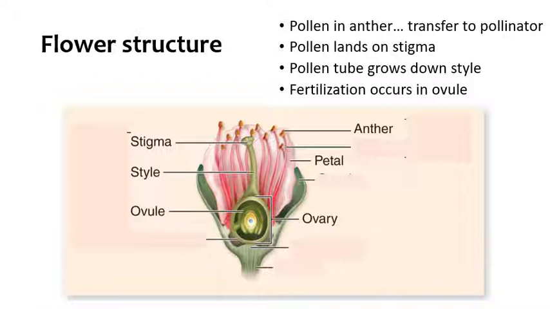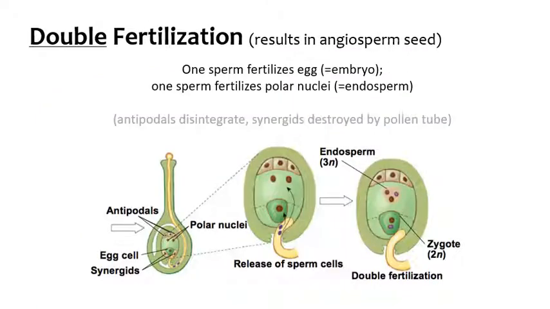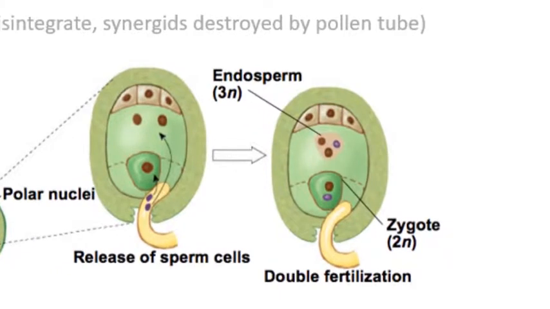Let's look at how that fertilization happens inside the seed. Fertilization in flowering plants is called double fertilization because 2 sperm from the pollen grain fertilize 2 different parts of the ovule. One part is the egg. When an egg is fertilized by the sperm, it becomes a zygote. That will grow into the baby plant.